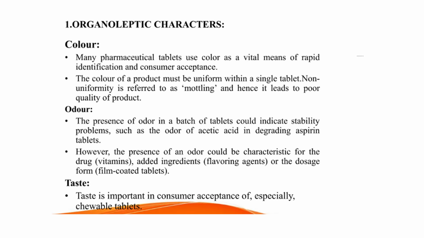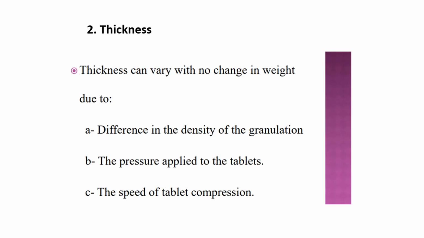Then taste is another important factor for consumer acceptance, and taste-masking agents are usually added in chewable tablets. Then coming to thickness: the thickness of tablets may or may not correlate with weight variation. That means thickness can vary with no change in the weight, even though the tablets have the same weight.